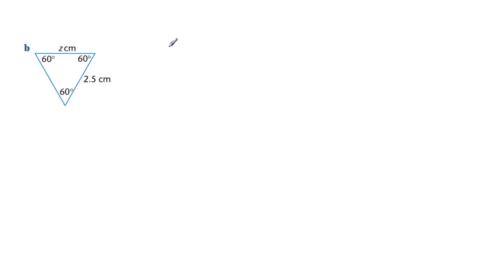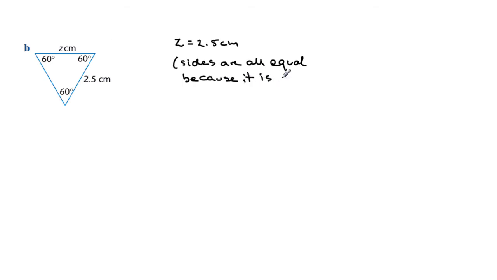In this example, we know that z must be equal to 2.5 centimetres. And the reason for this is that the sides are all equal. And I guess we need to say why, because it is an equilateral triangle.